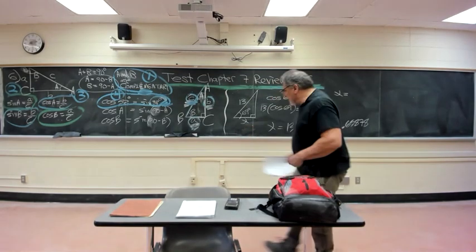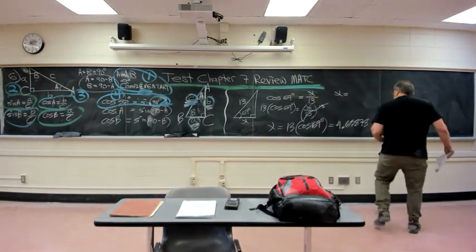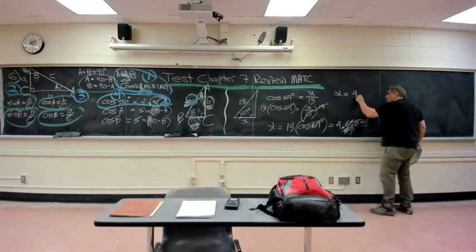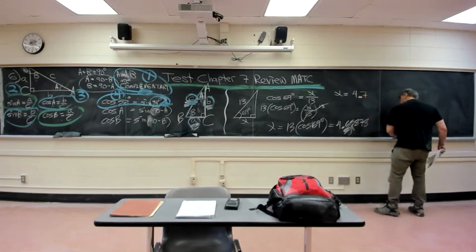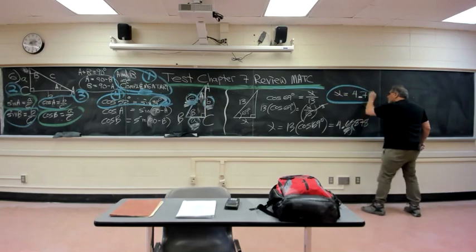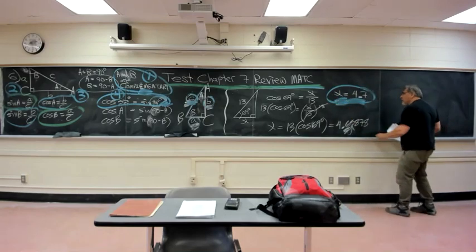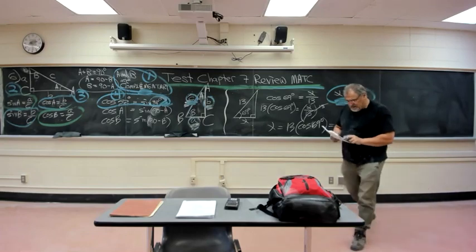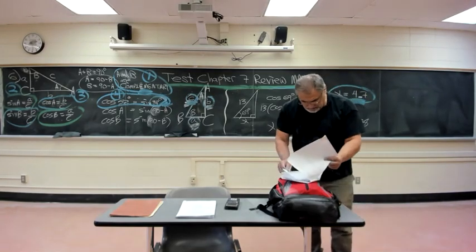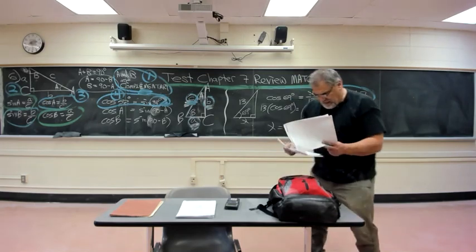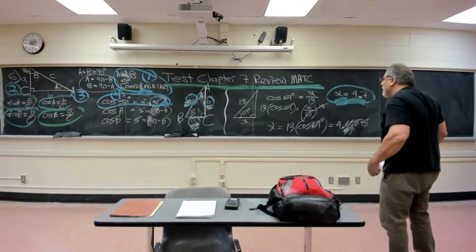Round your answer to the nearest tenth. Well, that 6 barely gets rounded up, but it does get rounded up. 4.7. Let's just make sure. 4.7 it is. All right, let's go.